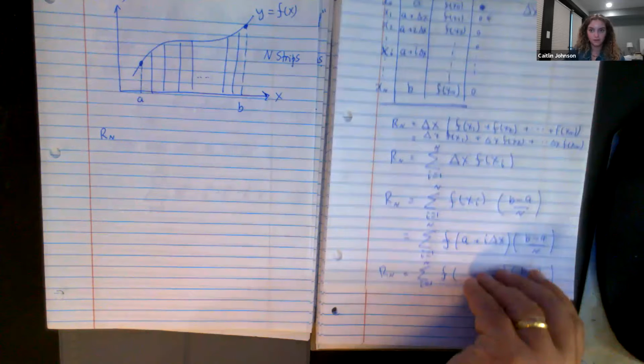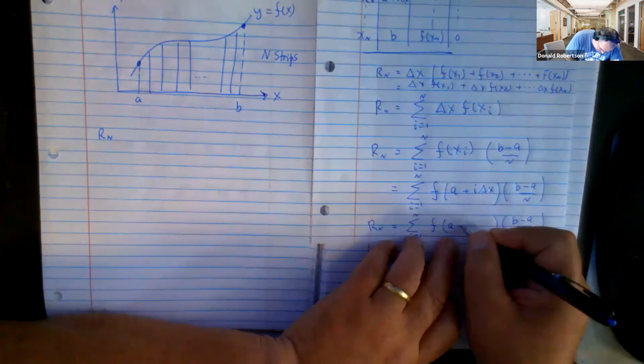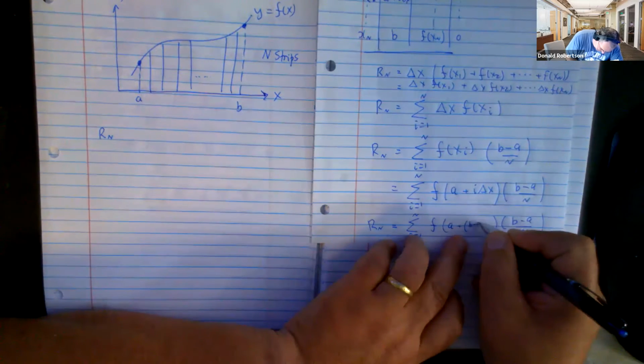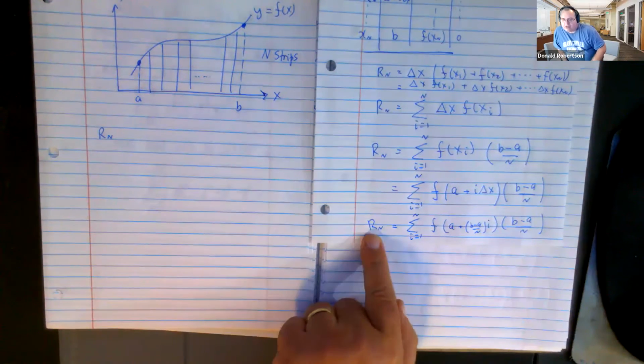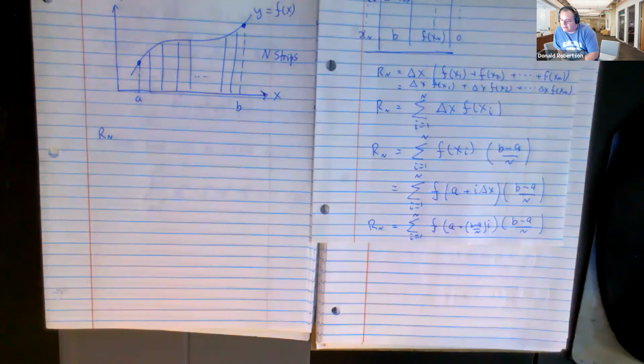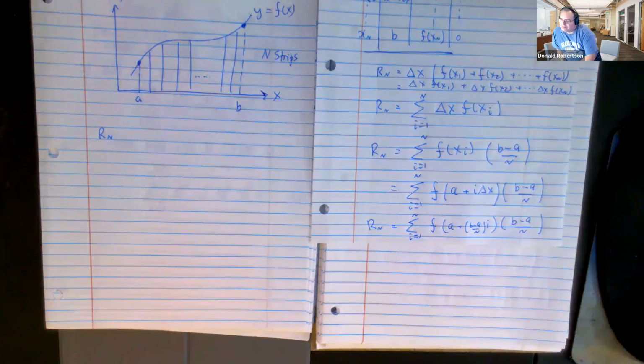So what I have done here, I know it's a lot of pain to do it, but haven't I described how to get a right sum, an Rn, for any function f of x, starting at any number a, finishing at any number b, and using n strips? Would you agree that would be the guy that would do it?